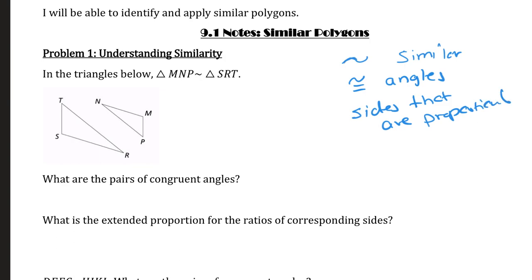So this symbol here means similarity, and when two shapes, or two polygons, are similar, the angles will always be congruent and the sides are proportional. In other words, it's equal in ratio.